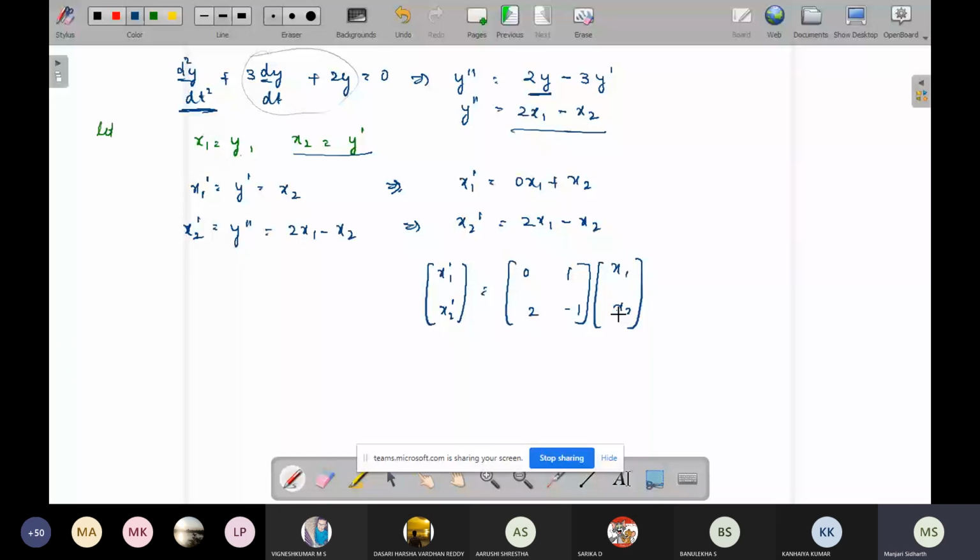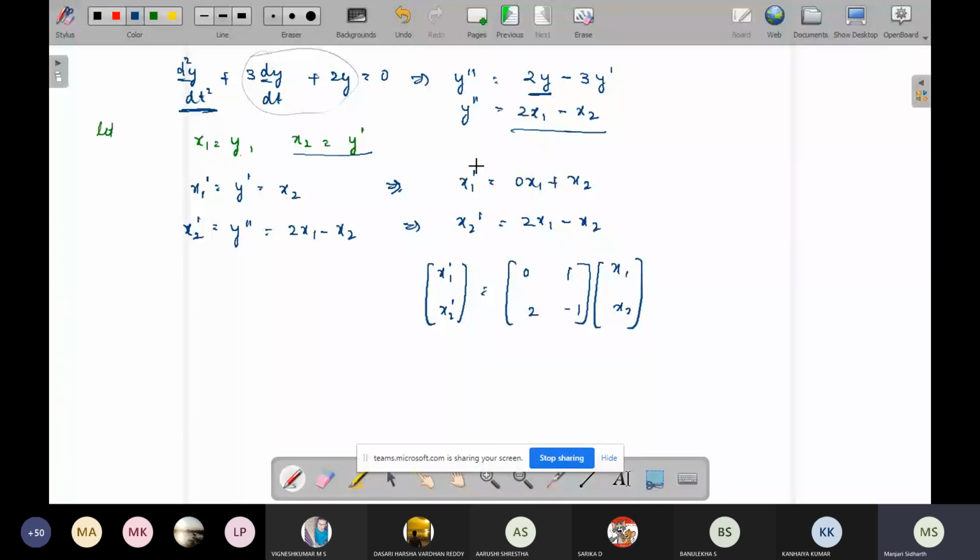Now you can change any equation, but if the question says solve, write the auxiliary equation m square plus 3m plus 2, write its roots, then according to the nature of the roots you can write the solution. But if you are asked to solve by matrix method, that means this method.